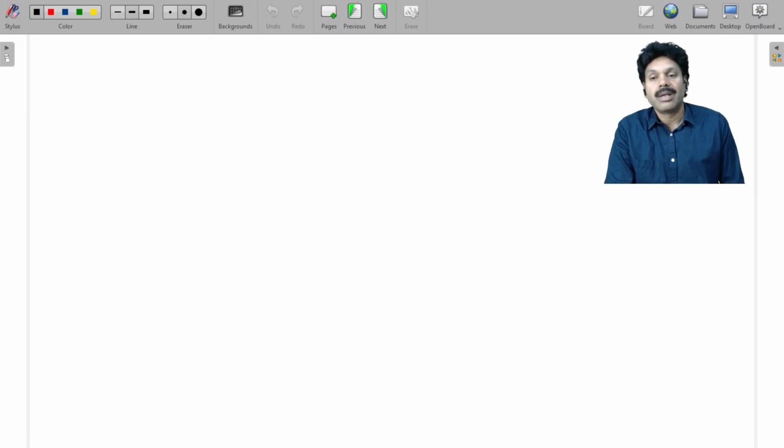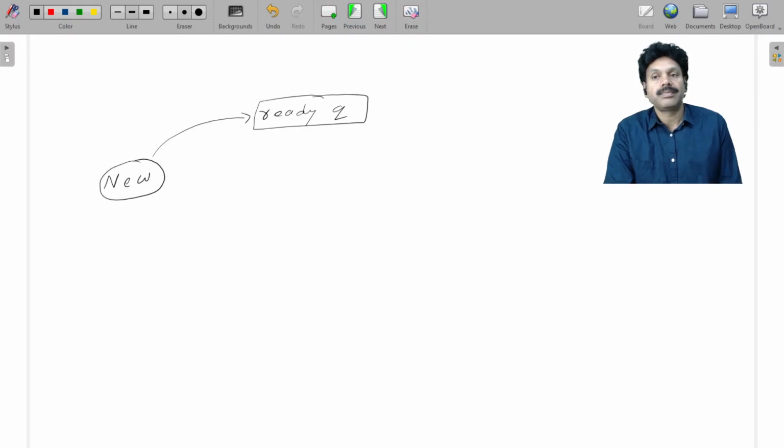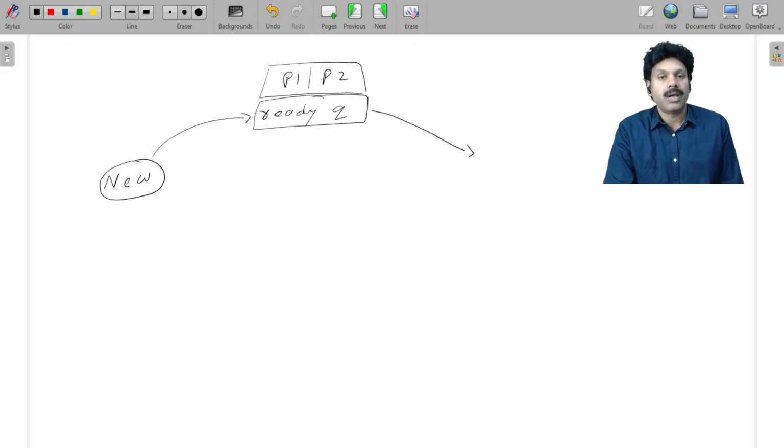So imagine a process is initially in a new state and it goes to the ready queue for some time. Let us say there are two processes by name P1 and P2. Right now they are in the ready queue and there is a run state.